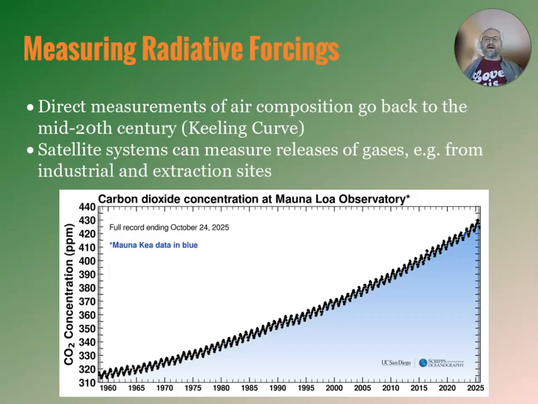But by the time air gets all the way out to Hawaii, in the middle of the Pacific Ocean, where there's not a lot of industry locally, that air has gotten really well mixed. All of the different CO2 emissions happening in all different parts of the world have been mixed together and averaged out by the time it gets to Mauna Loa.